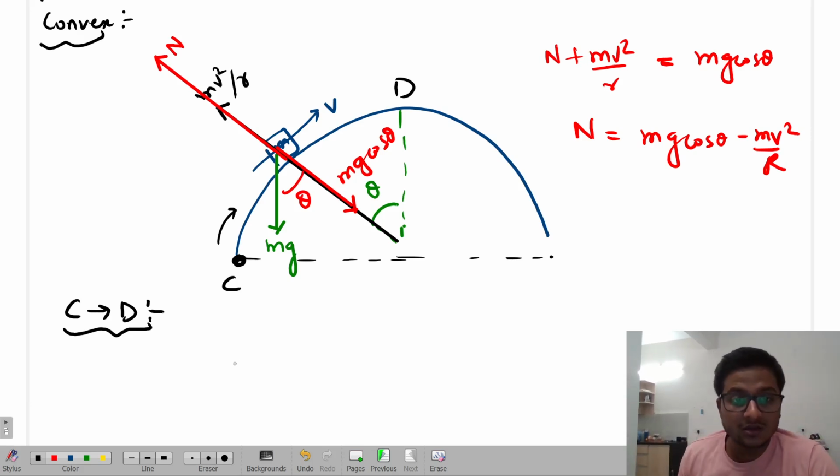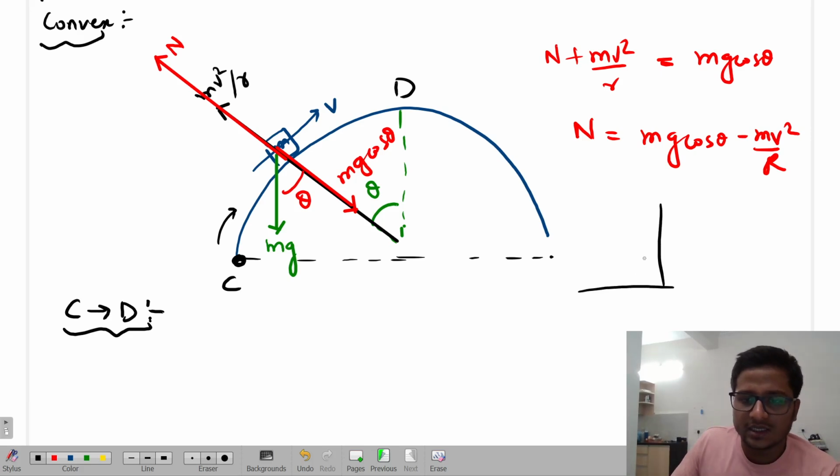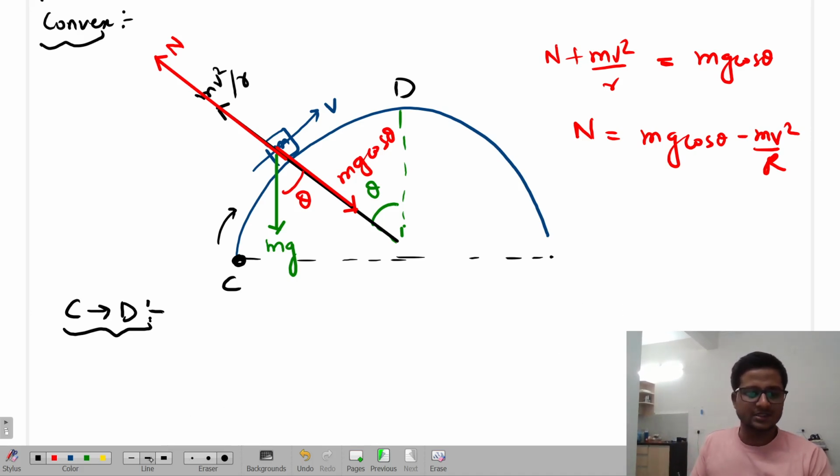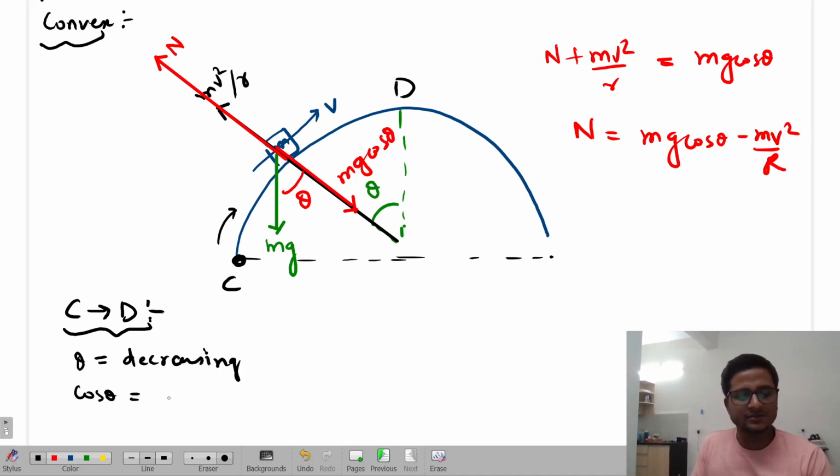When I move from C to D, theta will increase or decrease? अरे भाई यहाँ इधर ध्यान से देख, ये देख यहाँ पे ये वैल्यू थीटा है ना, तो यहाँ पे क्या है 90, जैसे ही ऊपर बढ़ने लगूंगा ये थीटा की वैल्यू घट रही है ना, yeah, so theta is decreasing. So once again you know that if theta decreases, cos theta value increases or decreases?